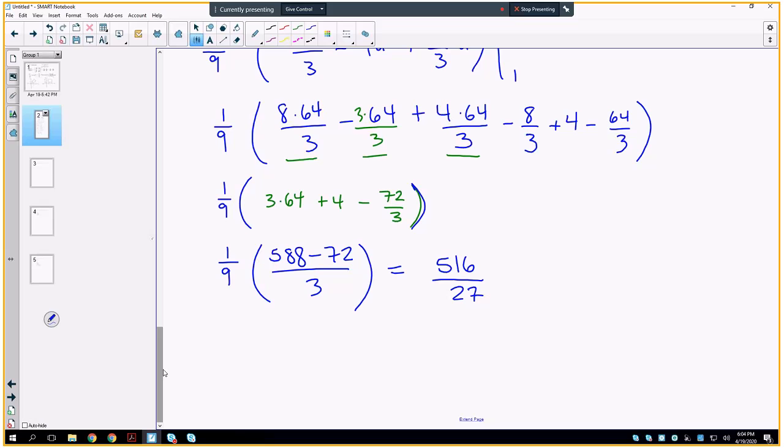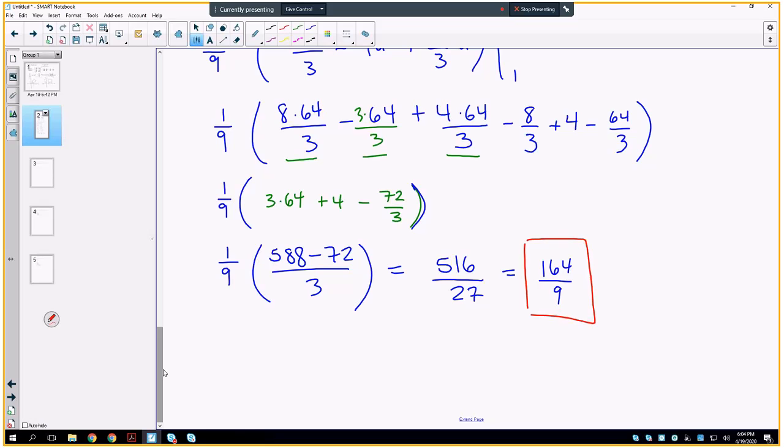And can I divide 516 by 3? I think I can. I think I'm going to get 164 over 9. And that should do it.